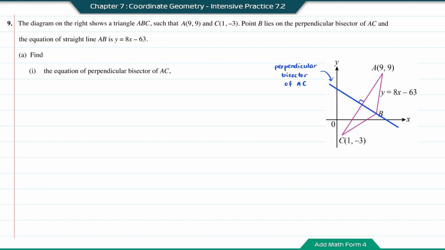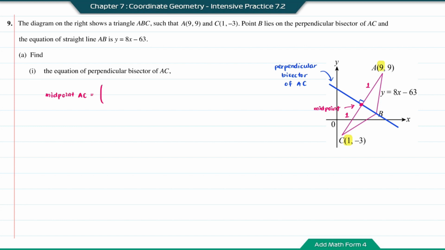The blue straight line on the diagram here is the perpendicular bisector of AC, and it divides the straight line AC into two equal halves, which means the intersection point here will be the midpoint of AC. So the ratio here will be 1 to 1. First let us find the coordinates of the midpoint of AC.